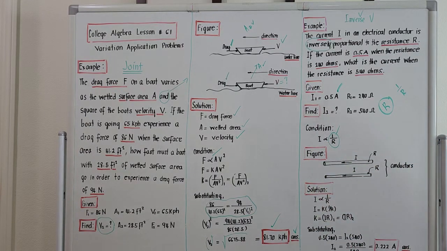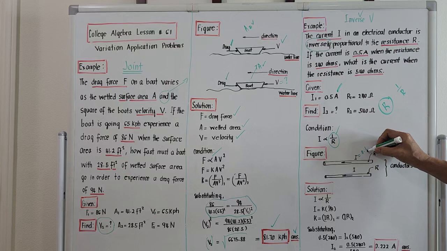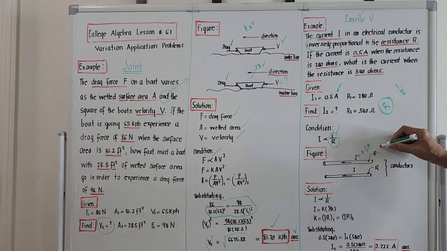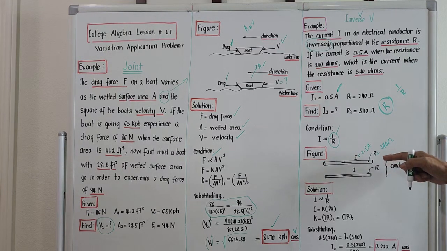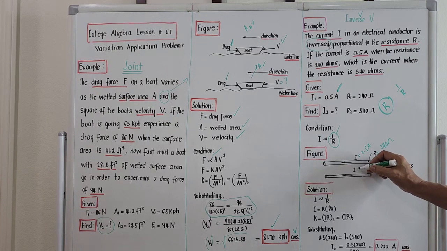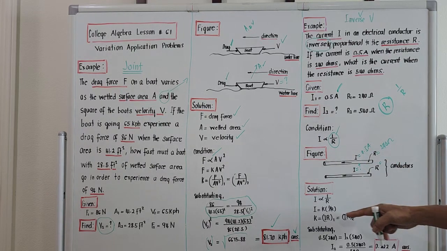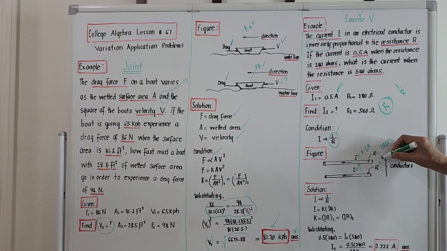According to the given condition of the problem, initially, if the current is 0.5 amperes, the resistance of the conductor is 240 ohms. That's the first condition. Next condition, the problem is asking for the current number 2. If the value of R is 540 ohms.